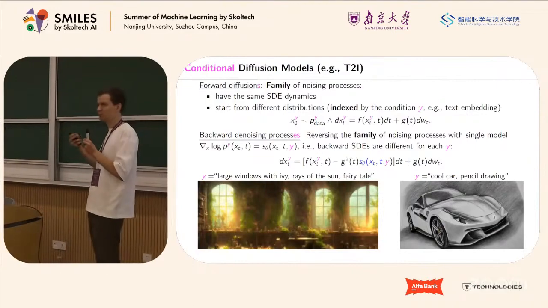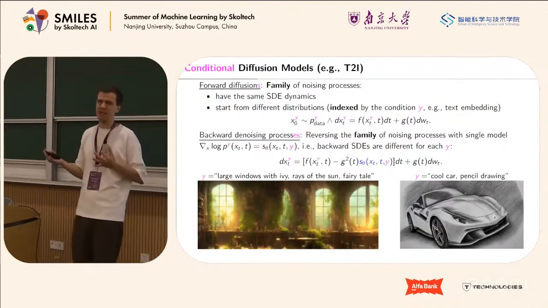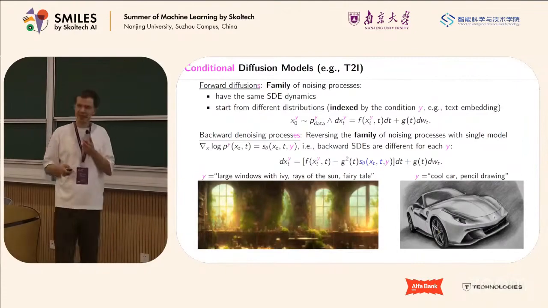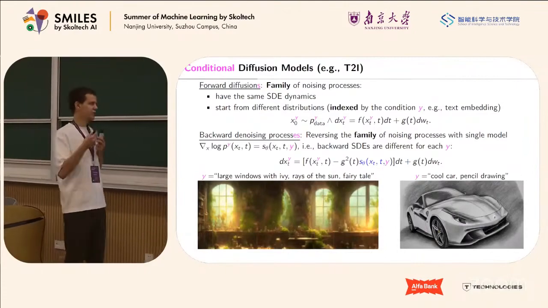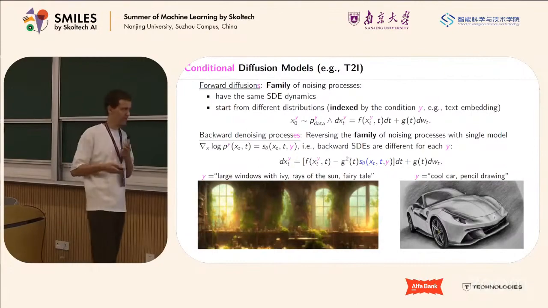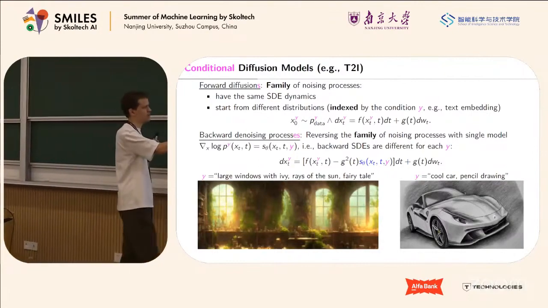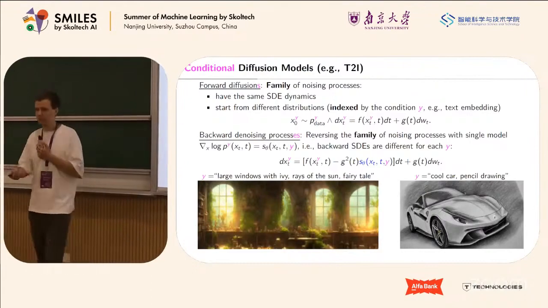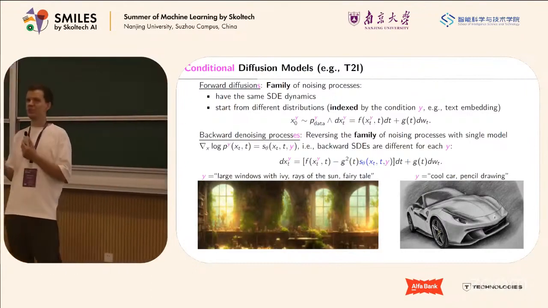And secondly, you just learn a family, in fact, of denoising processes, right? In practice, this is done just by training a single neural network, which represents this unknown score function for the denoising process, but for all conditions simultaneously.